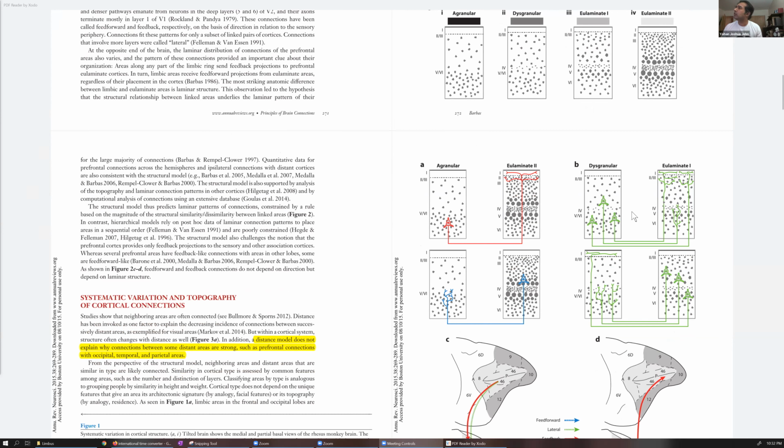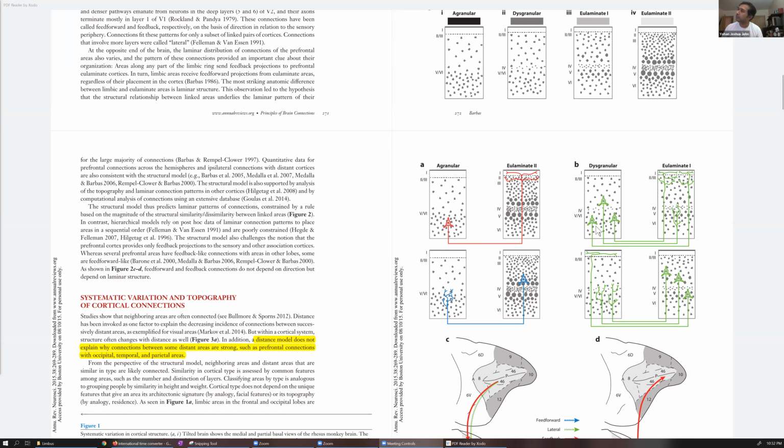When you're going from the sharper area, in this case let's say V1, you start in the upper layers and they project to middle and deep layers mostly. You might get a few in the upper layers also. Kathy Rockland and Deepak Pandya found this in the late 70s, and that kind of led to a big explosion of research into the qualitative pattern of how different cortical areas contact each other in a laminar way.